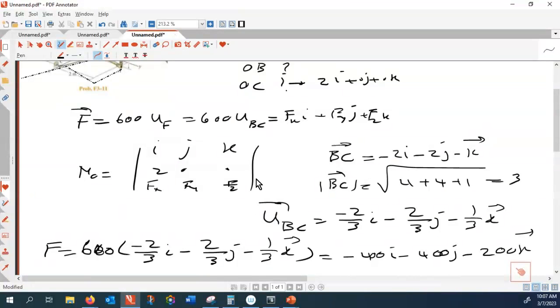Okay, the i component is supposed to be equal to minus 2i from the unit vector? What about it? I think it is 2/3, 2/3, 1/3, from the first step, from B to C. Okay, yeah, let me see.